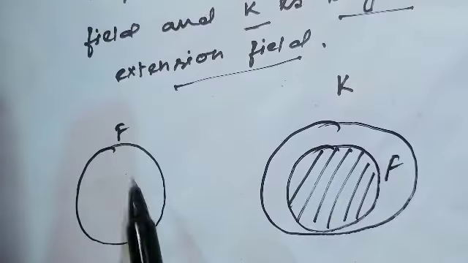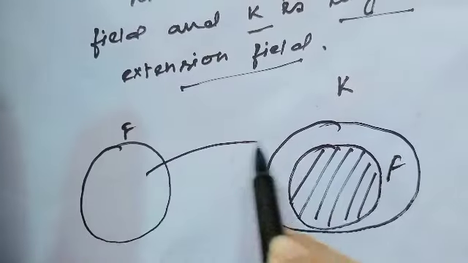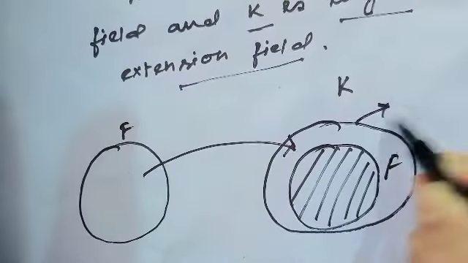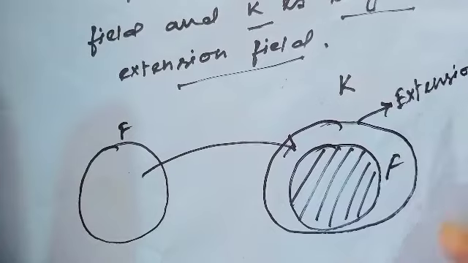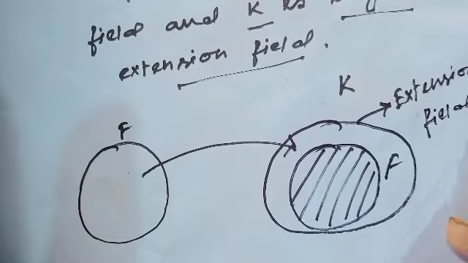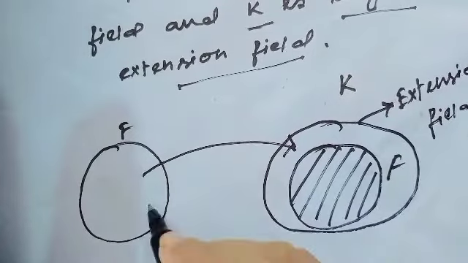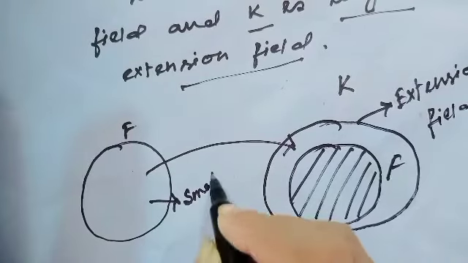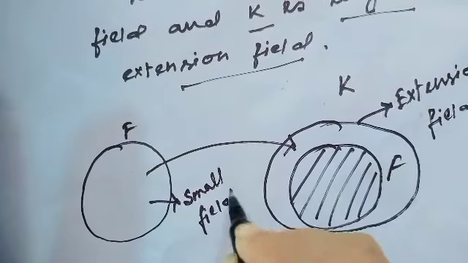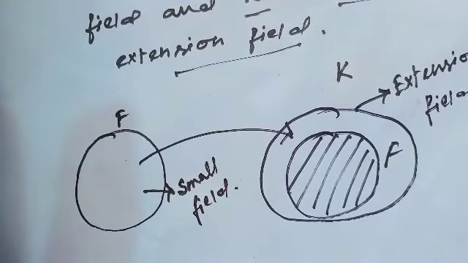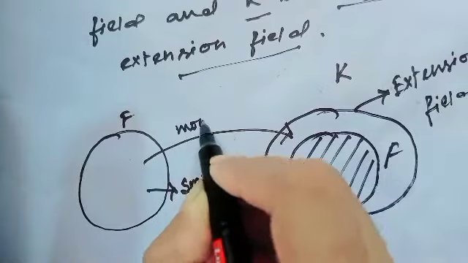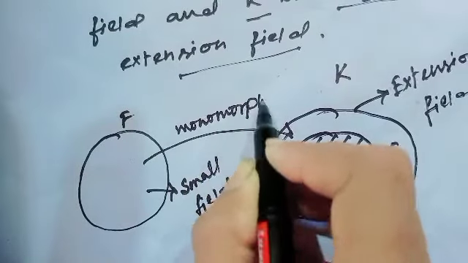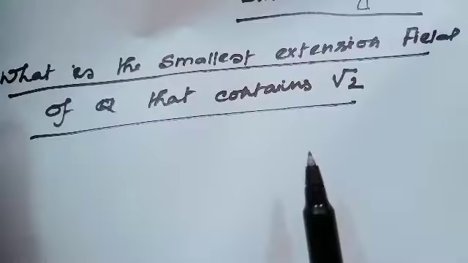And the mapping is of this type. Here the mapping F to K. Here K is the extension field and F is the small field. Are you getting the idea? This is actually the monomorphism.